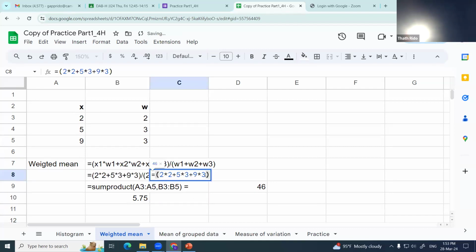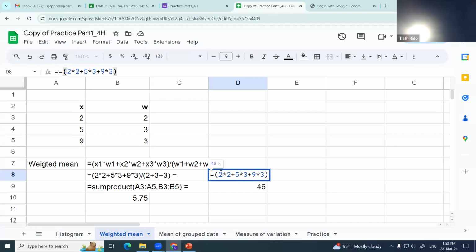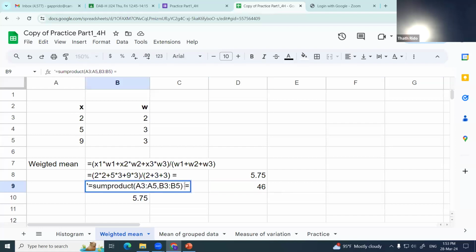So the denominator is here, 2 plus 3 plus 3. The sum product only computes the numerator for us, so we also need to compute the denominator, which is the sum of the weights.